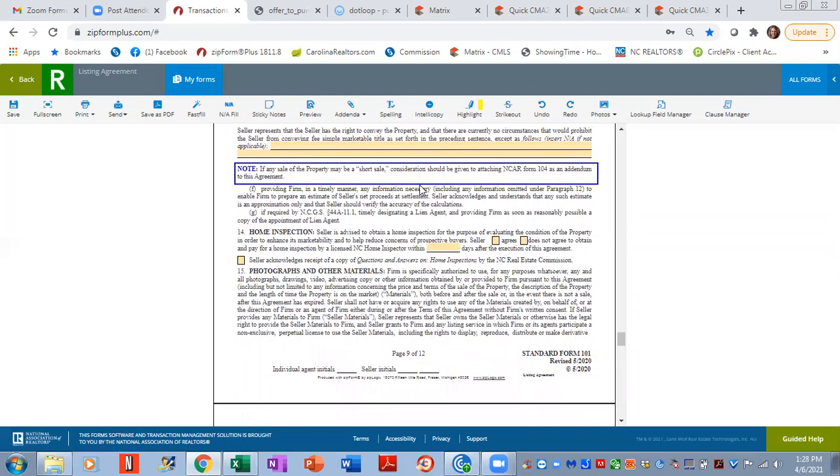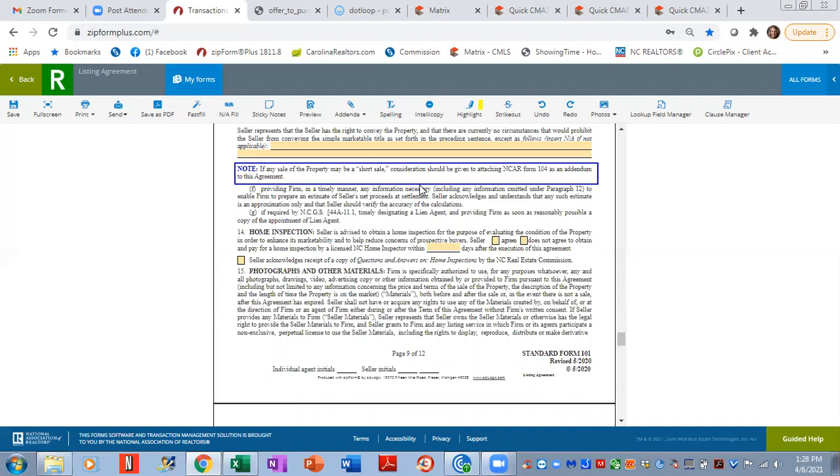All right. So the home inspection. We explained to the sellers that buyers are typically going to get a home inspection. With that being said, the seller has to give them permission to enter the house. So do they agree or disagree to let them in and then pay for it?